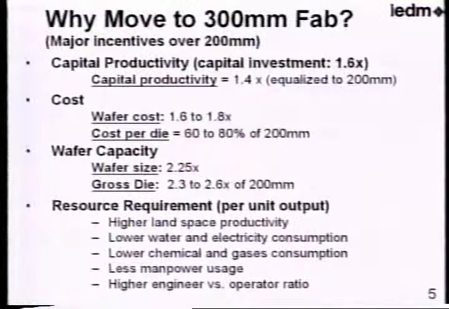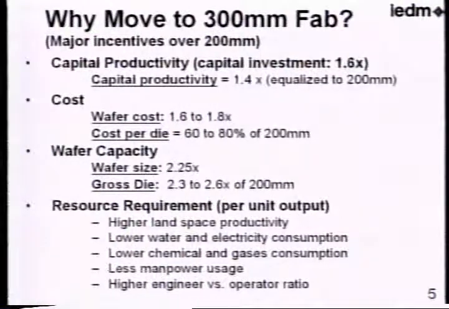So we say 1.6 divided by 2.6, you get 60% die cost. Hey, if you have a way to cut the cost by 20% to 40%, plus other benefits, plus better capital productivity, will you do it?